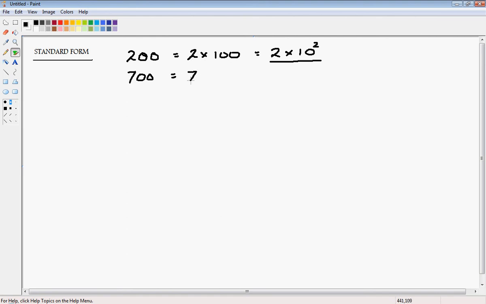So I know this is going to be 7 multiplied by 10 to the power. Now the way that I do this is my decimal point is here. Okay, so for me to make 7, I would have to move the decimal point twice to get to here. That will give me my power.